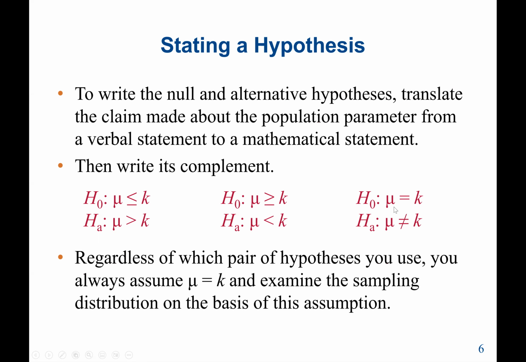And normally, if mu is equal to k and HA is mu not equal to k, we call this the two-tailed test. Now, regardless of which pair of hypotheses you use, you are always assuming that mu equals k, and also examine the sampling distribution on the basis of this assumption.